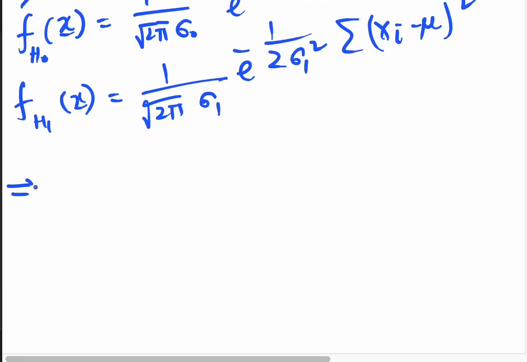According to the Neyman Pearson fundamental lemma, we will reject the hypothesis H0 if f1 by f0 is greater than k.